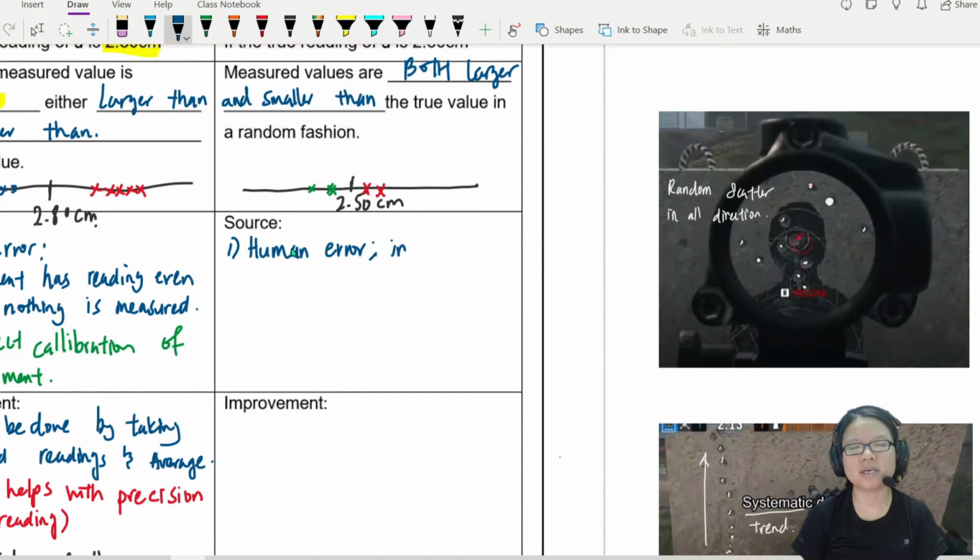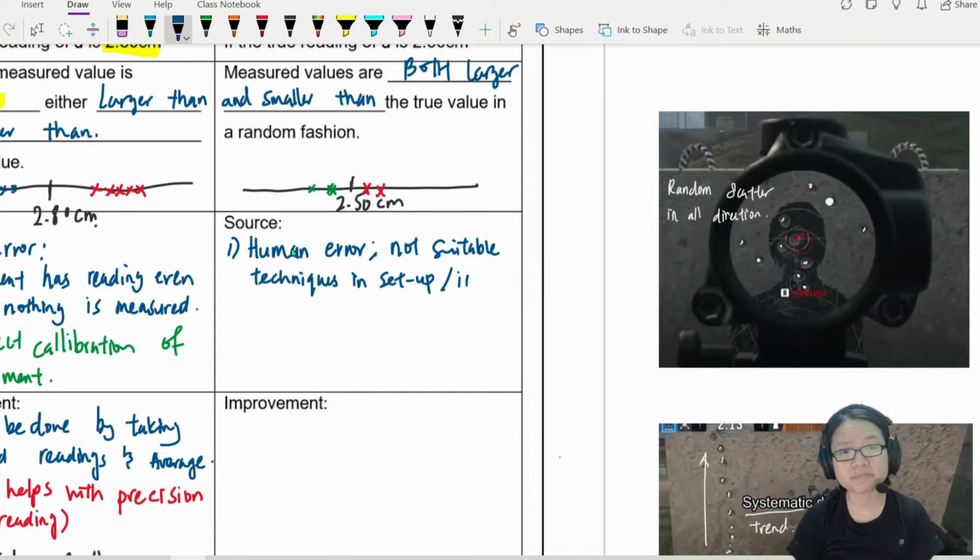Maybe incorrect, or maybe not suitable technique. Technique can be improved. So when it comes to this kind of thing, techniques in using instruments or in the setup of the experiment, we will do a lot of this in paper 3. We will identify what the weaknesses are, basically where the experiment messed up and how we improve it.